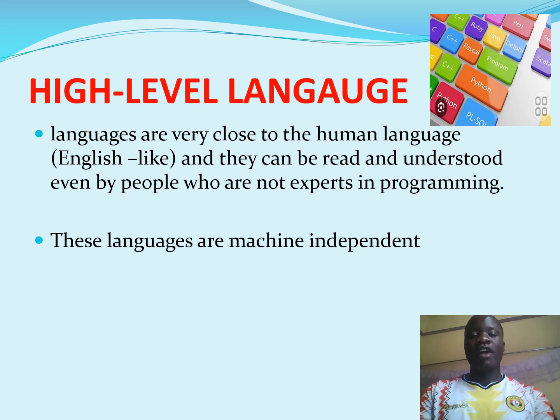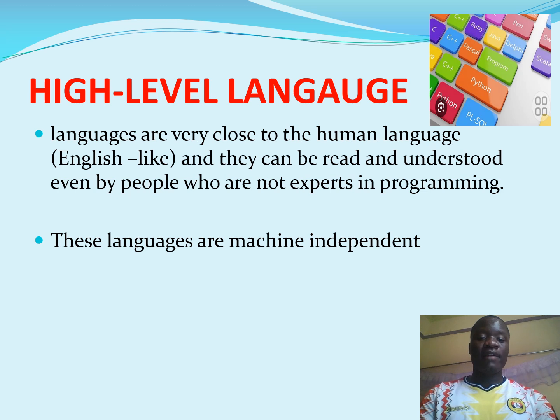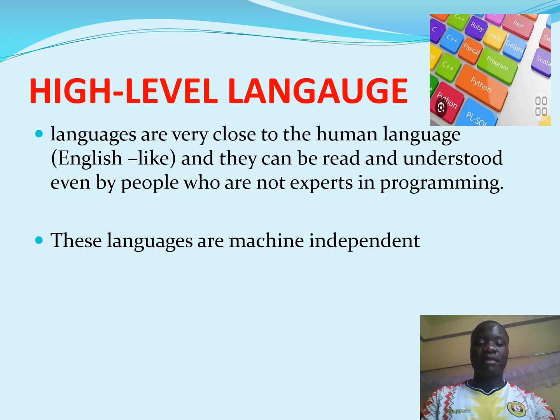We are done with the low level language. Let us talk about high level language. The languages are very close to human language, as you can see in brackets, English wise, and they can be read and understood even by people who are not experts in programming. As I explained, low level language uses digits and so on, compared to high level language, which is just normal English.